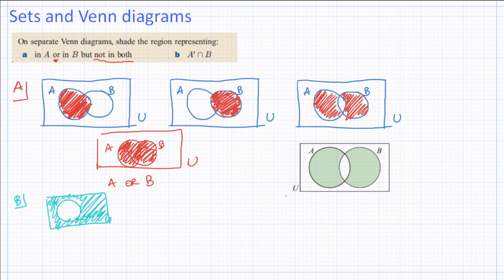So if you look at B, B is here. So the part which they actually have in common, right, would be, let's put a different color here, because this is B. Now the only part which is in both is this here. Looks like a moon, right? So that would be the answer.